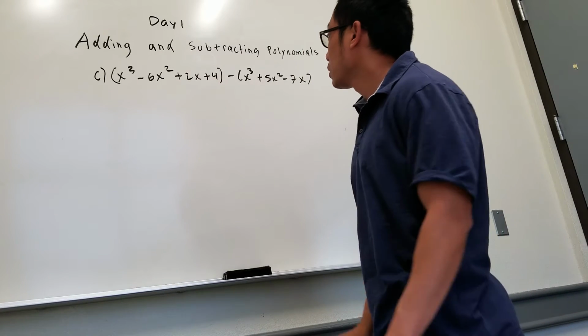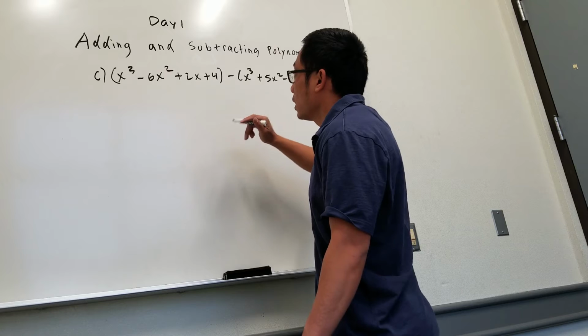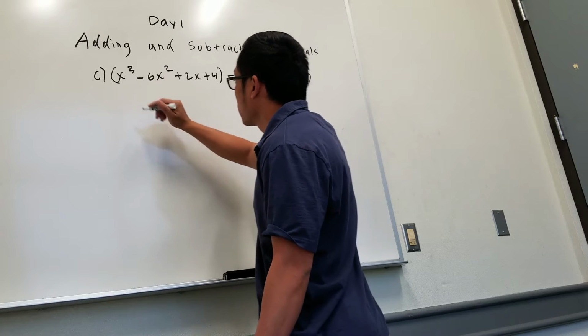So how do we do this? Since this time it's a negative, we've got to distribute the negative, but for the first part we don't have to, we just drop the parentheses.